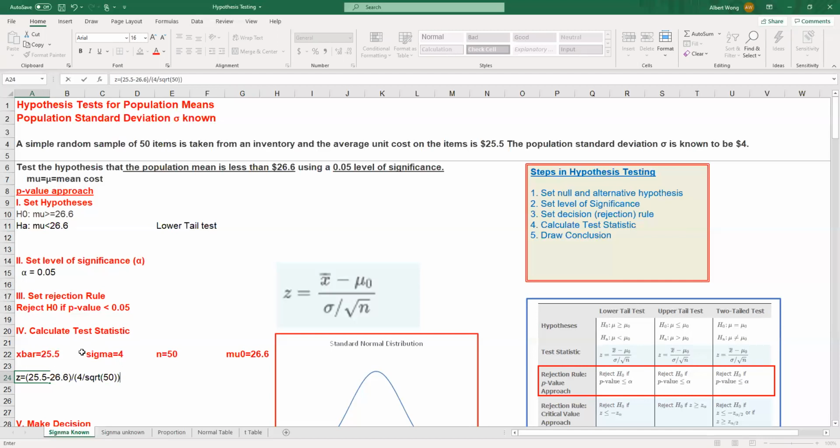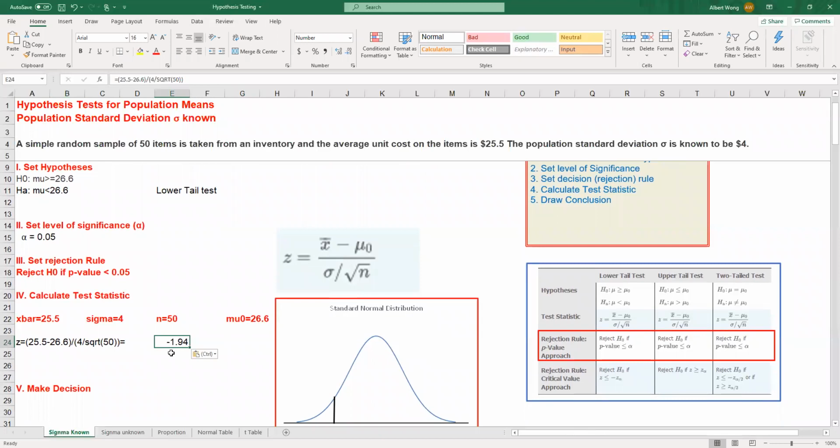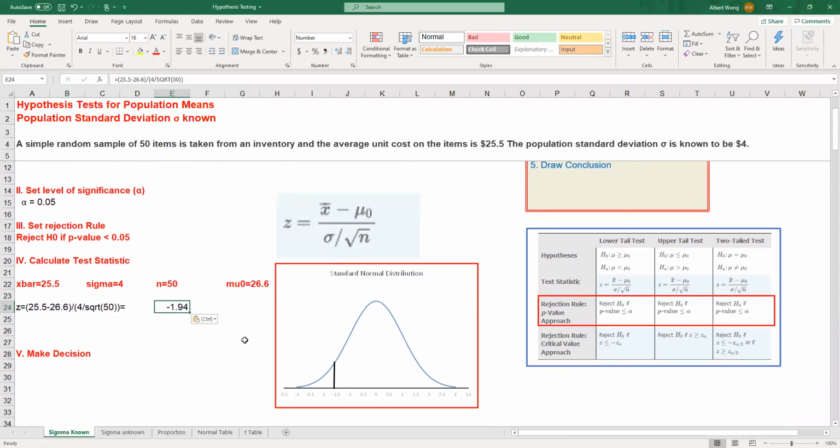That's how we calculate the formula, and we can just use Excel to do that by taking the formula and calculating it. That number should be negative 1.94. So that's what we do by taking the sample and summarizing it into one number. Negative 1.94 is about here.